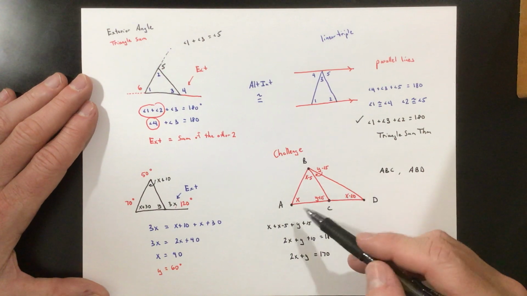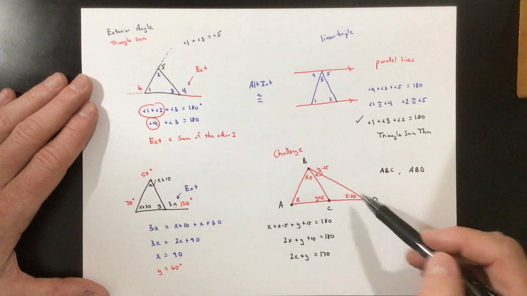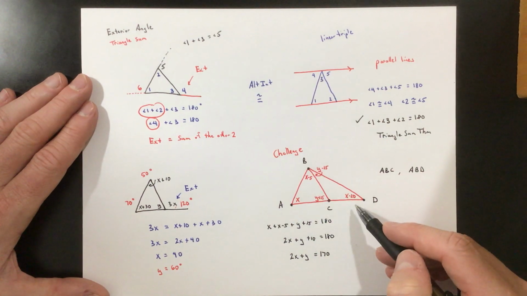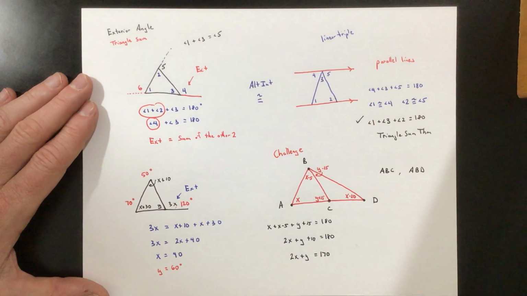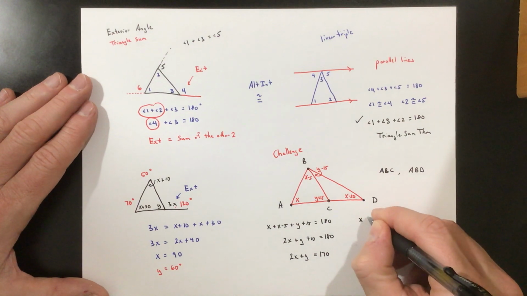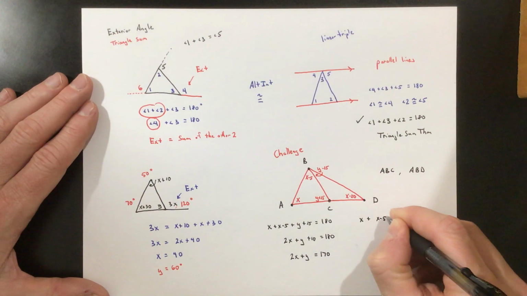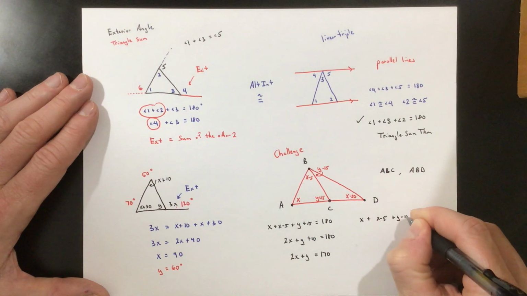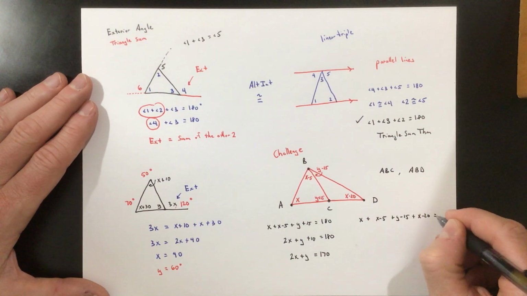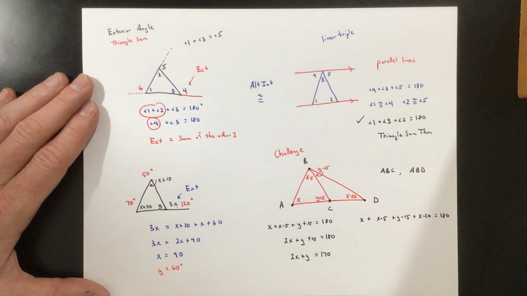Now I'm going to look at triangle ABD. So this plus this plus that equals 180 degrees. Okay, so I'm going to take x plus x minus 5 plus y minus 15 plus x minus 20 equals 180.